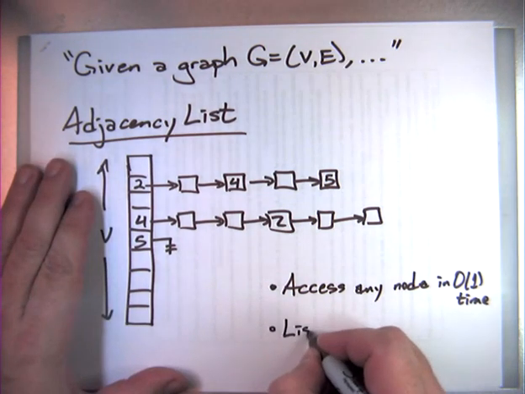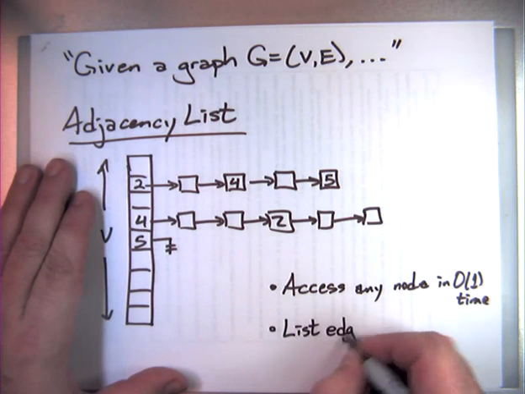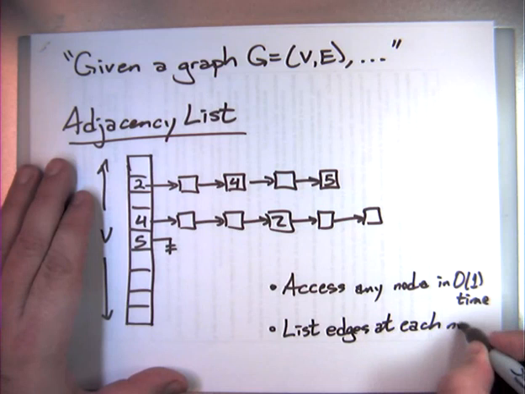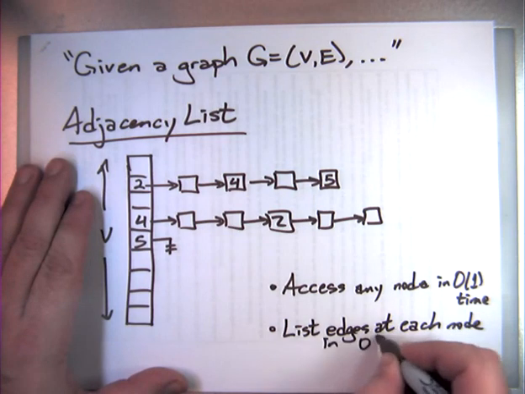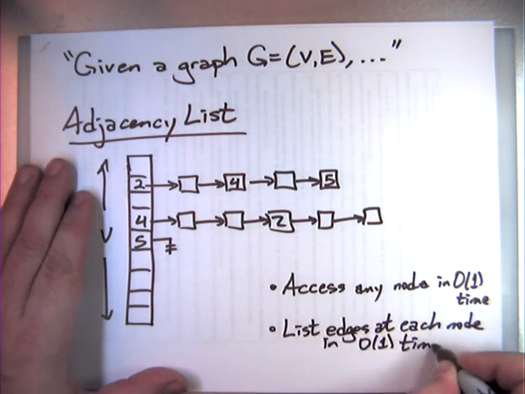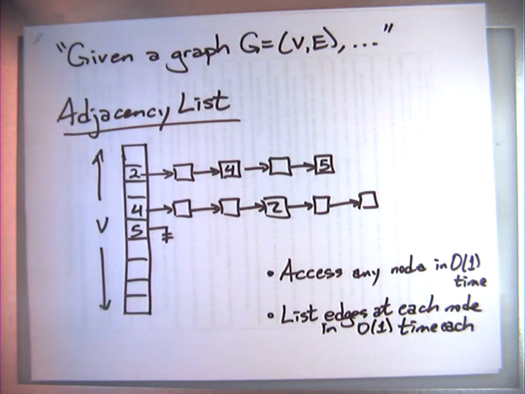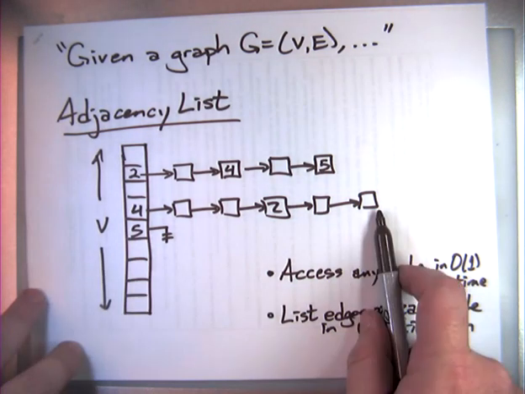You can list edges at each node in constant time each. So for example, if in the middle of my algorithm I have a variable v that stands for a vertex, and I want to say for all edges vw incident to v, do something, I can implement that for loop just by scanning down this list.